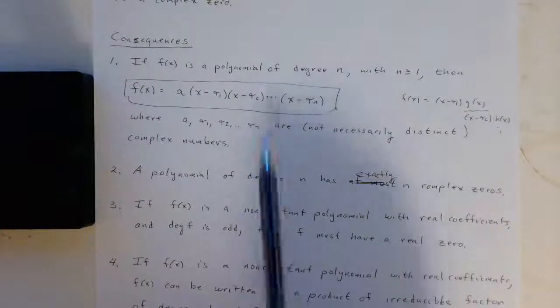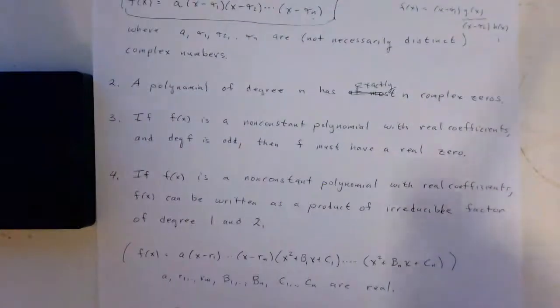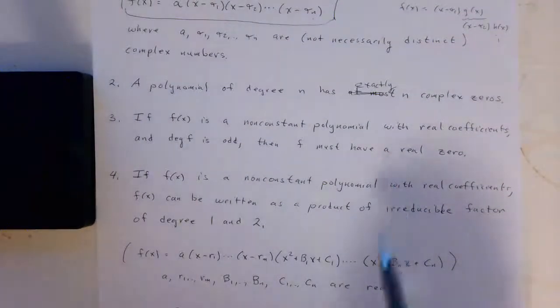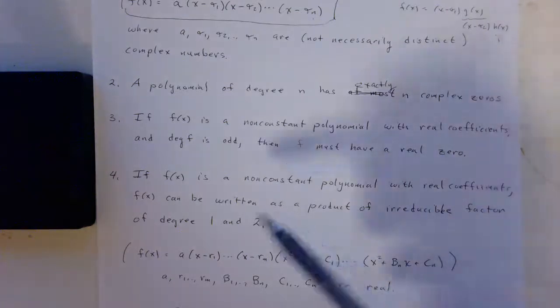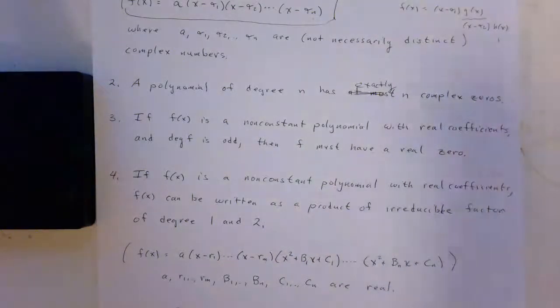So if the degree is odd, we have to have at least one real zero. We sort of already knew that from the end behavior of polynomial graphs. If the degree is odd, the graph shoots up on the right and down on the left, or vice versa, so it's going to have to cross the x-axis at some point.